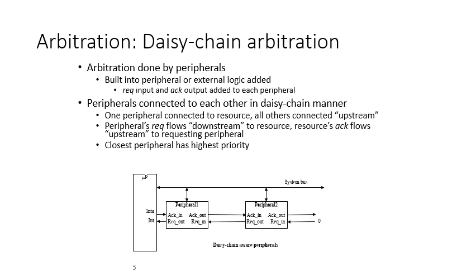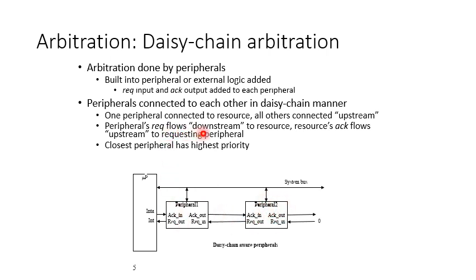The peripherals are connected to each other in a daisy chain manner. One peripheral connects to the resource. As you can see here, we have this resource, that is our CPU, and one peripheral is connected directly to the resource. All others are connected upstream. So this is upstream, this is downstream.